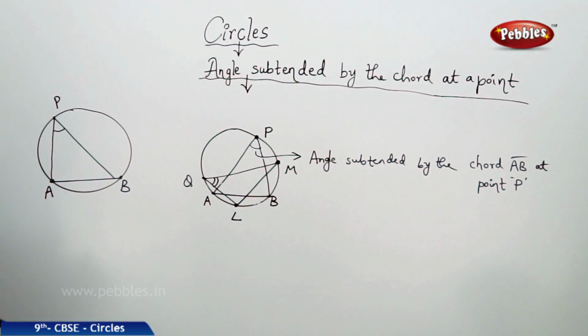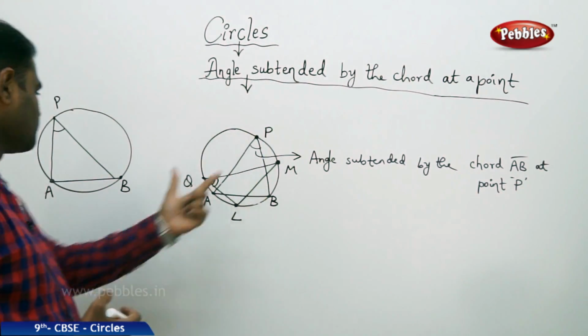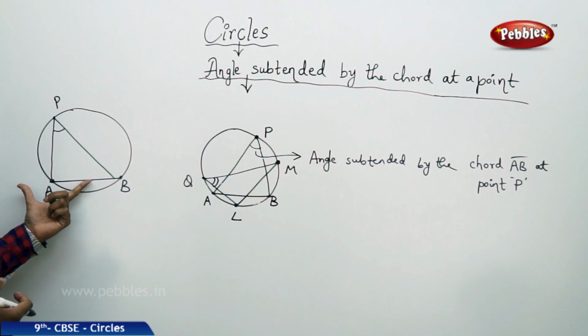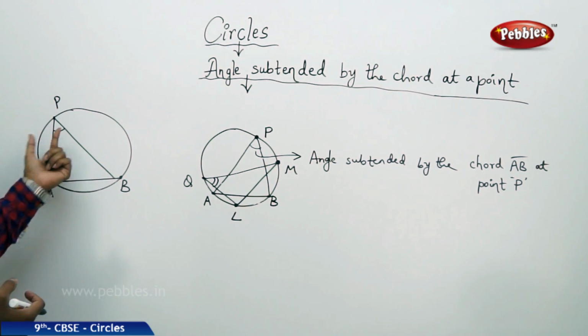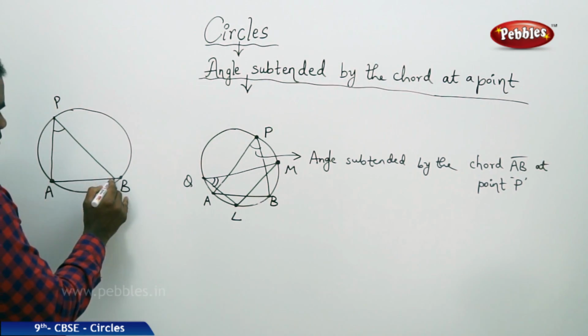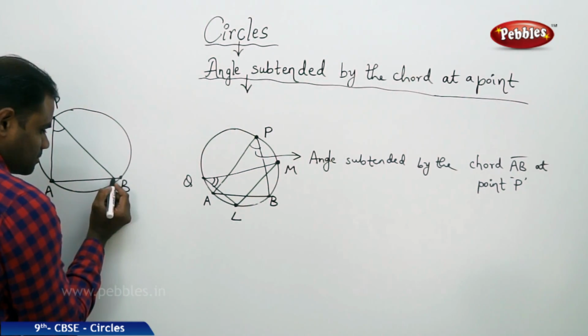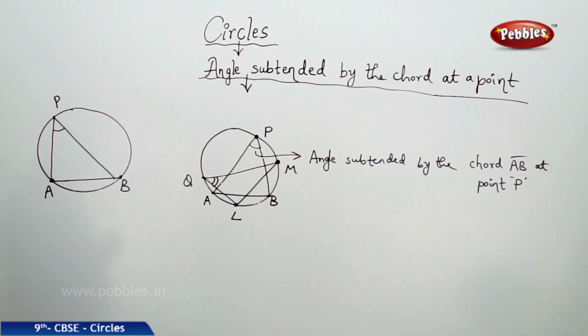Now let's see the difference between the angle made by the chord AB with P and the angle made by a certain distance in the line AB with point P. I clearly see that this angle is not subtended till the right end of the chord, but it is exactly just before the chord AB.